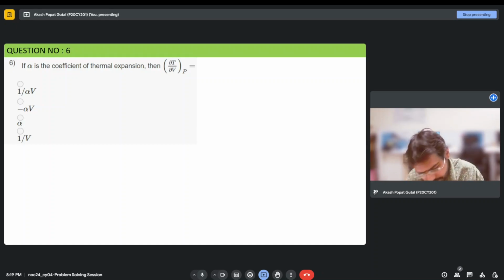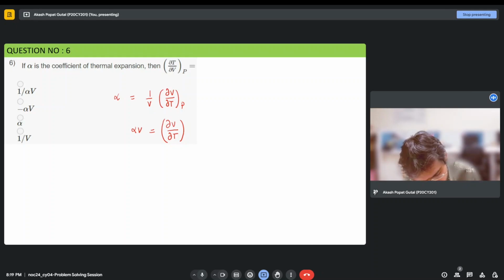So we know what the coefficient of thermal expansion alpha is. It's nothing but 1 upon V, del V by del T at constant pressure. So if we multiply both sides by volume, we get del V by del T at constant pressure.